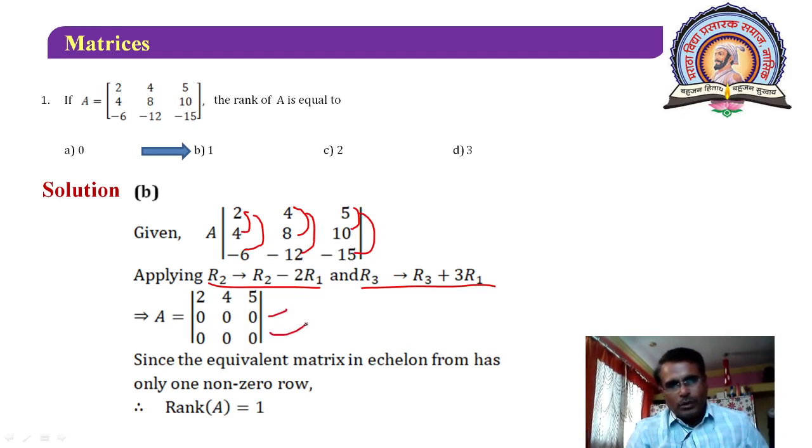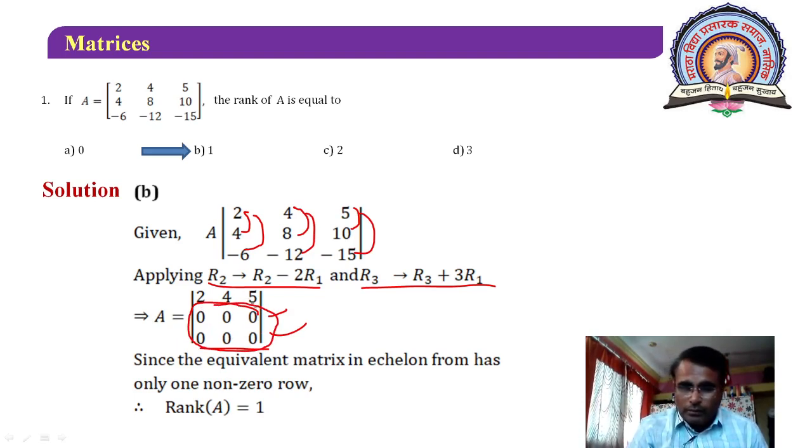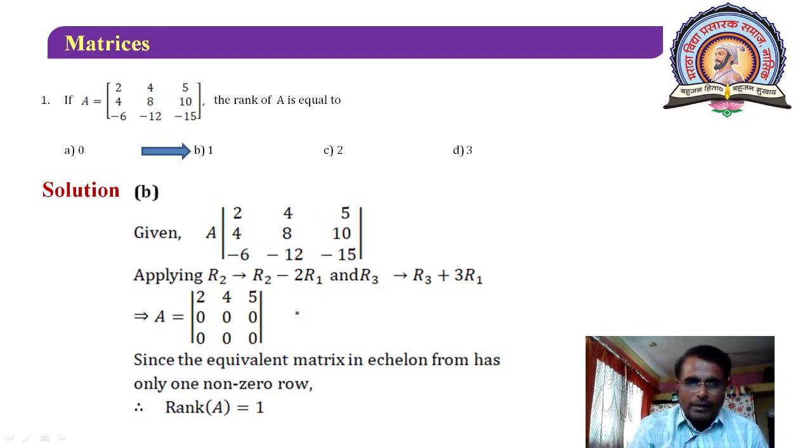So, the last two rows are becoming 0 here, and so the determinant of A is equal to what? 0, because if any row or any column is entirely zeros, then the value of the determinant is 0. So, since it is a matrix with determinant 0, but you will observe that all the entries are not 0, at least one non-zero entry is there, isn't it?